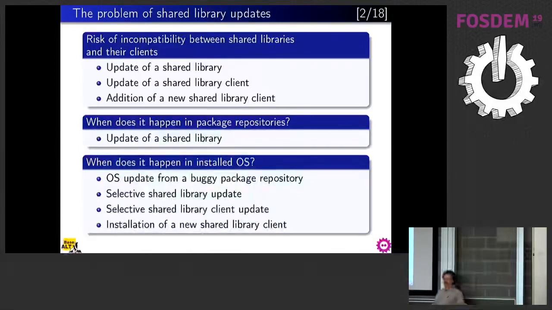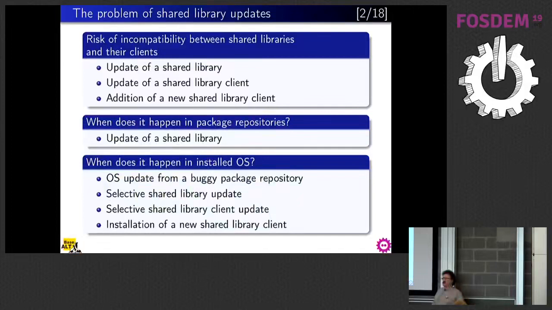But in installations, you can get these incompatibilities when you're updating from a not very good package repository, when you're doing a selective shared library update, when you're just updating the library and not everything that's built with it, or when you're doing a selective update of a client, or just installing a client from somewhere, not necessarily from the same repository.